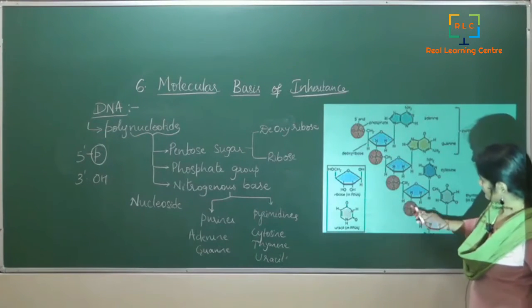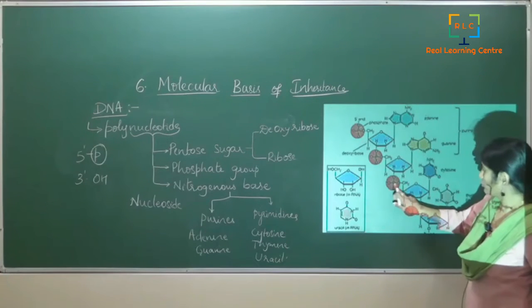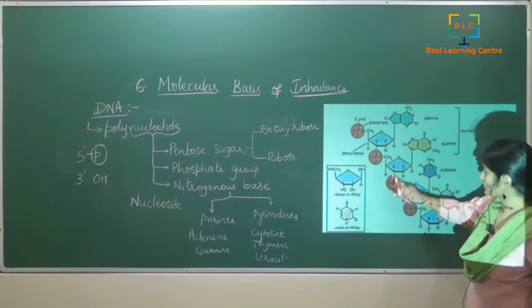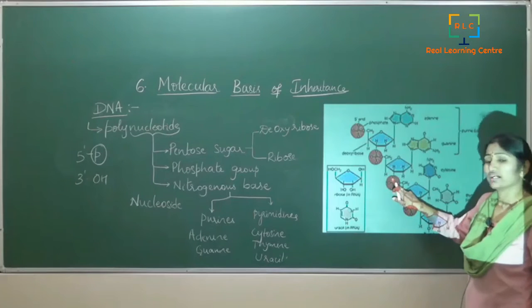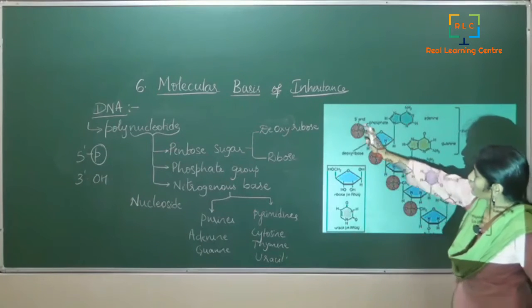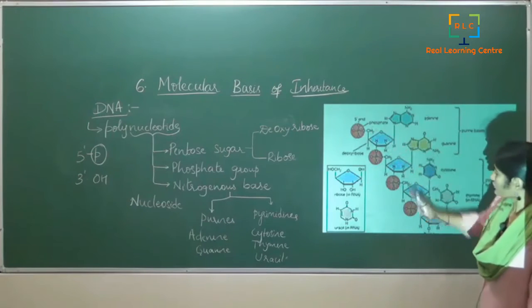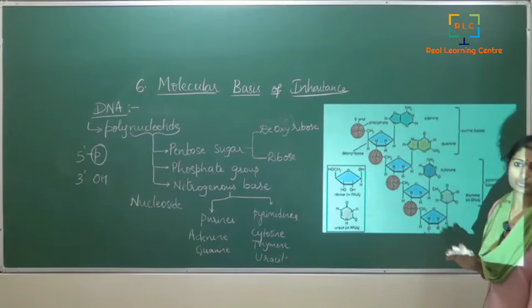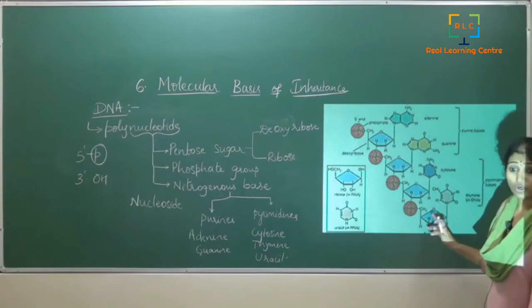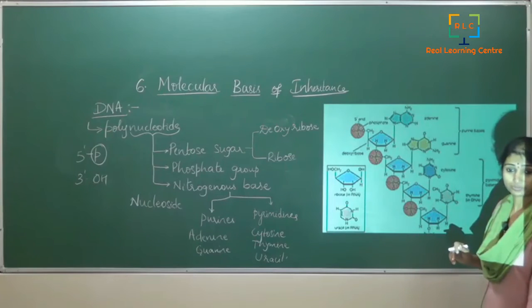So then we have another CH2 here, O here, and one more phosphate group which attaches to the C3 of another sugar, and the chain keeps on growing that way, right. So this is how we see the formation of a polynucleotide chain with the help of the phosphate group.